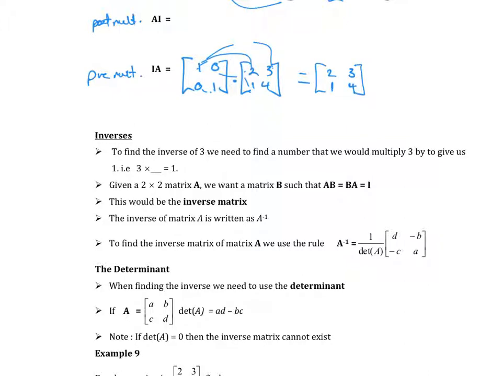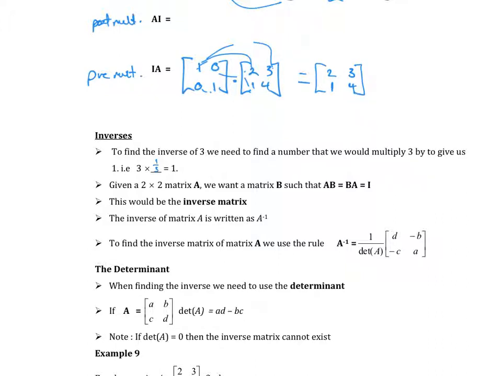Okay, so the inverse of 3 is the number that we have to multiply 3 by that gives us 1. So in other words, 3 times 1 on 3 is equal to 1.